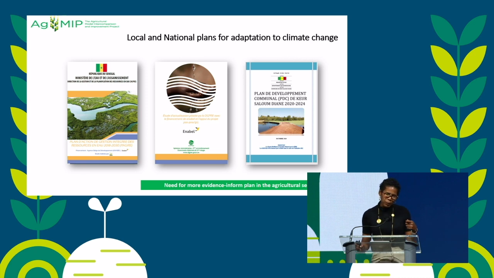But when we look deeper, we see that it's only mentions. All this work is not based on real data, evidence on climate change at a relevant scale for these stakeholders. So we need more planning for adaptation in the agricultural sector, and we also need the production of scale-relevant data for this community.